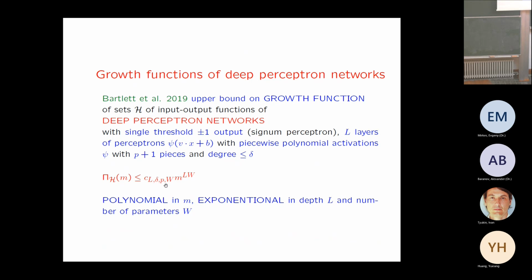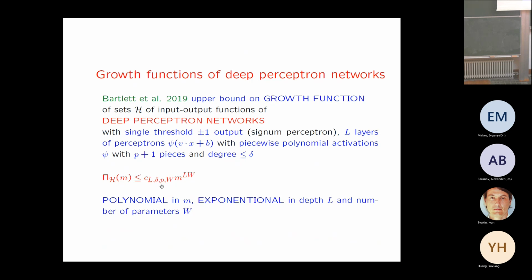But if you look at it, here we have M, but M is what we are most interested in. This is the size of the domain, the number of random variables. M, which is here again, it is a polynomial, but let's look what is in the exponent. L is the number of layers, and W is the total number of parameters in the network.